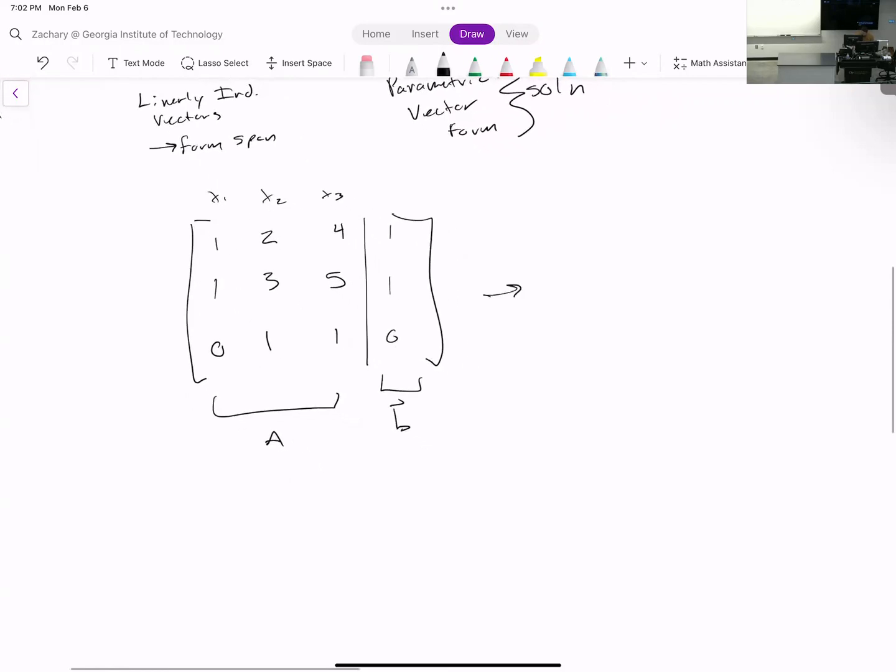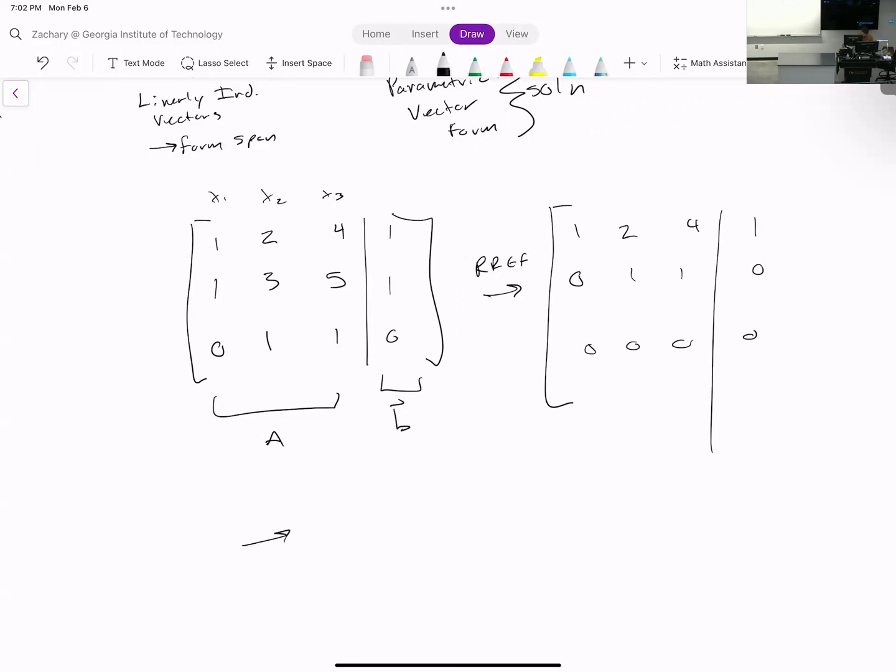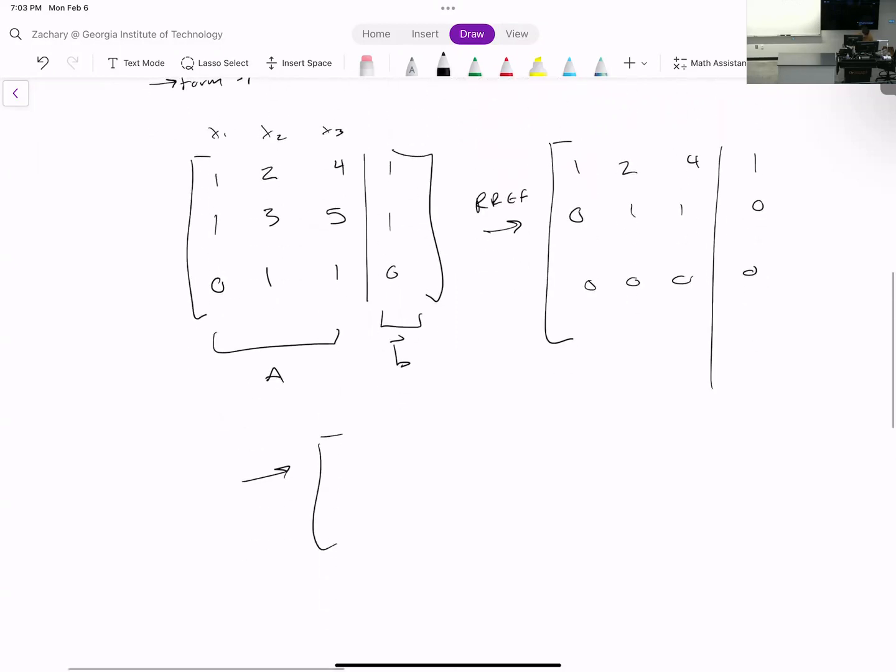What you're going to find is when we row reduce this, we put it in reduced row echelon form, what we're going to get is 1, 2, 1, 4, 0, 1, 1, 0, 0, 0, 0, 2, 0, 0, 0, 1, 0, 0.